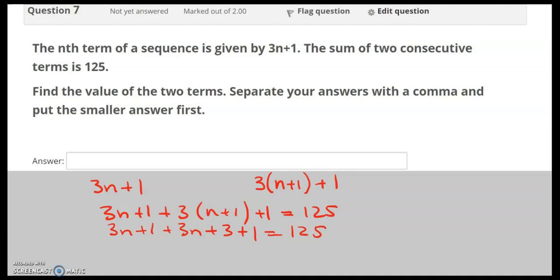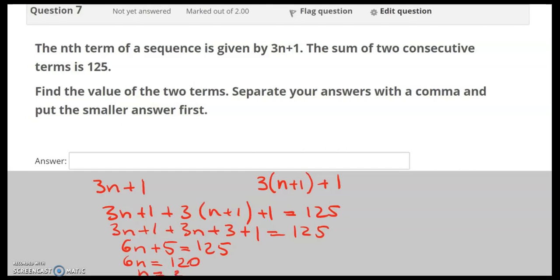Collecting the like terms, we've got 3n and 3n to make 6n. We've got 1 plus 3 plus 1, which makes 5. So this is 125. Taking away 5 both sides gives us 6n is equal to 120. So n must be equal to 20.